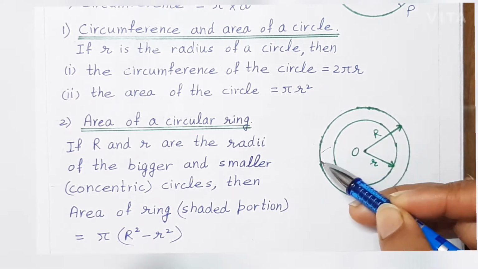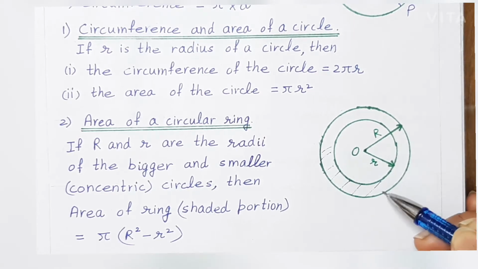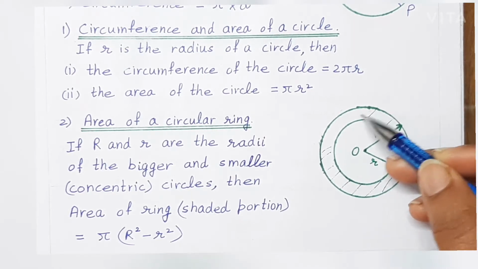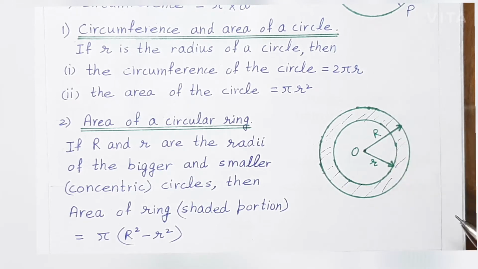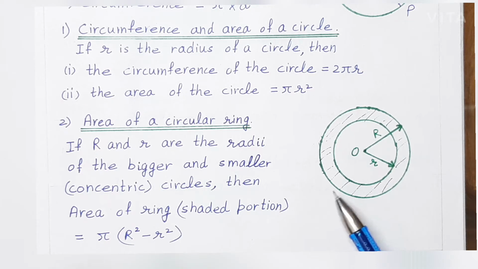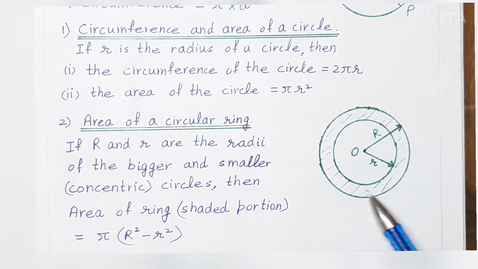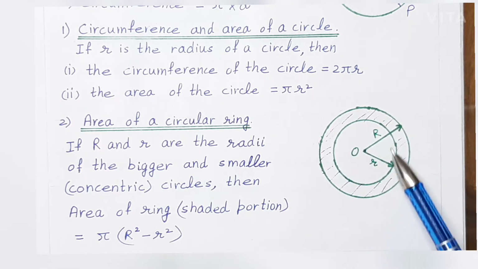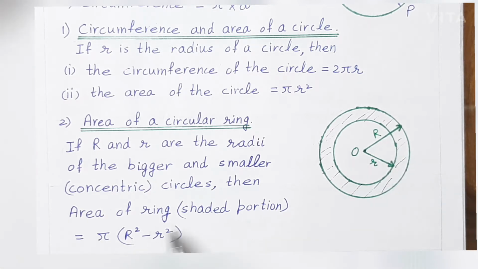If you shade this ring, then what will be the area of shaded region? That is pi R square minus pi r square. Clear? So, if you take pi common, your formula will be pi times R square minus r square. I hope it is clear to you everyone now.